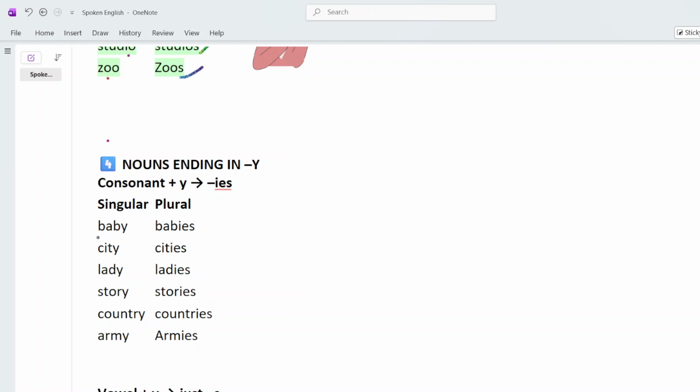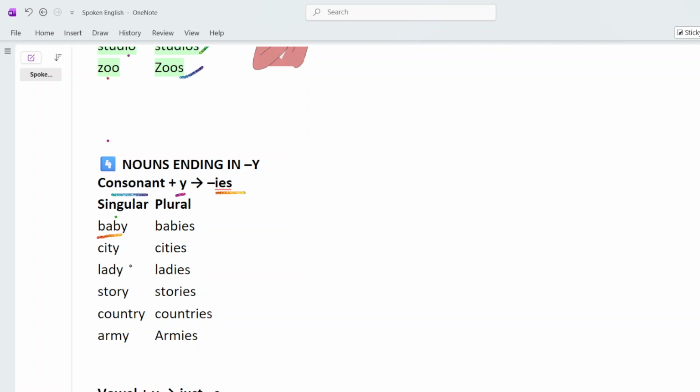See, this word, baby. B-A-B-Y. B is a consonant, plus Y. Whenever Y comes after a consonant, the spelling changes: Y changes to IES.